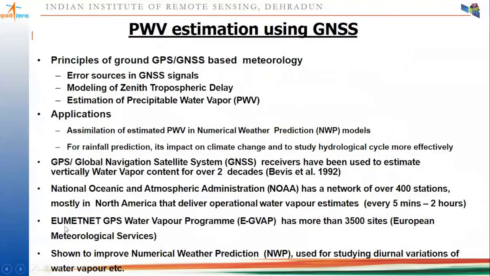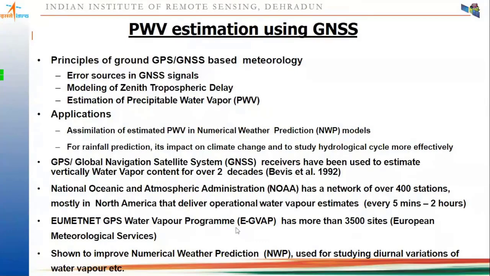And there is the EUMETNET GPS water vapor program, E-GVAP, from the European Meteorological Services, with more than 3,500 sites. It has been shown to improve numerical weather predictions and is used for studying diurnal variation of water vapor. So it's a very important parameter for atmospheric studies and analysis.